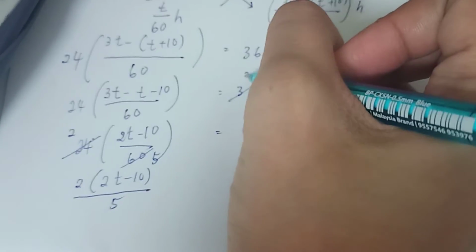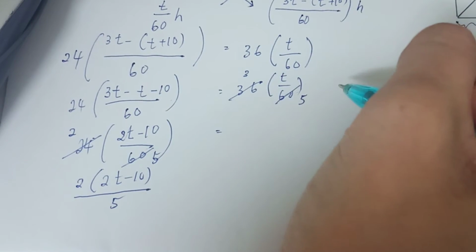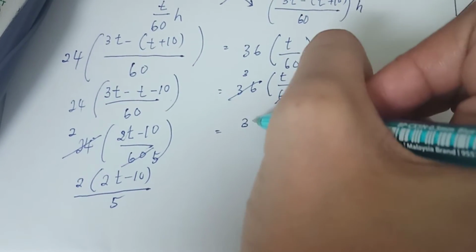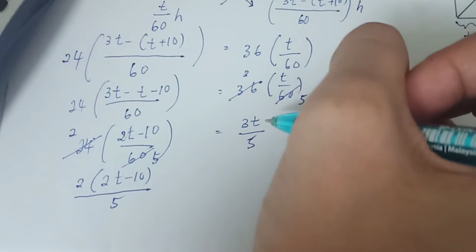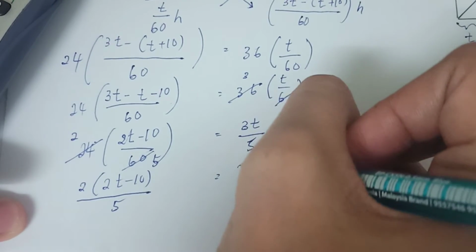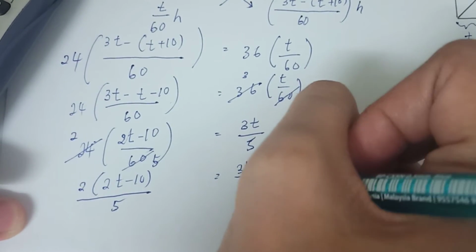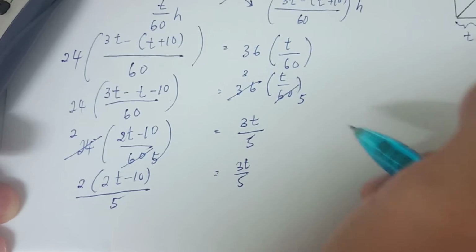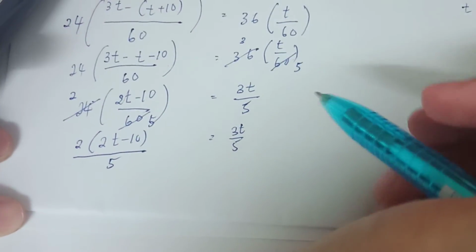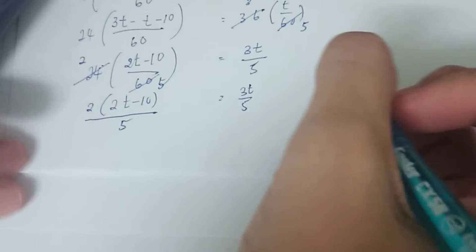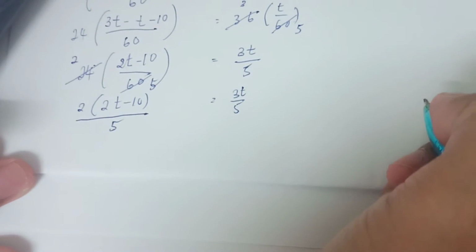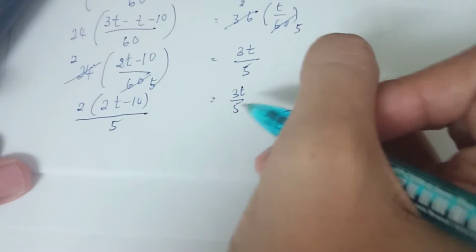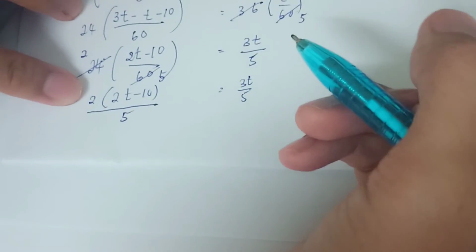So here 3, here is 5. So 3t over 5. Bawa je ke bawah sini, 3t over 5. And then what do you think? Well, let's solve this one first.